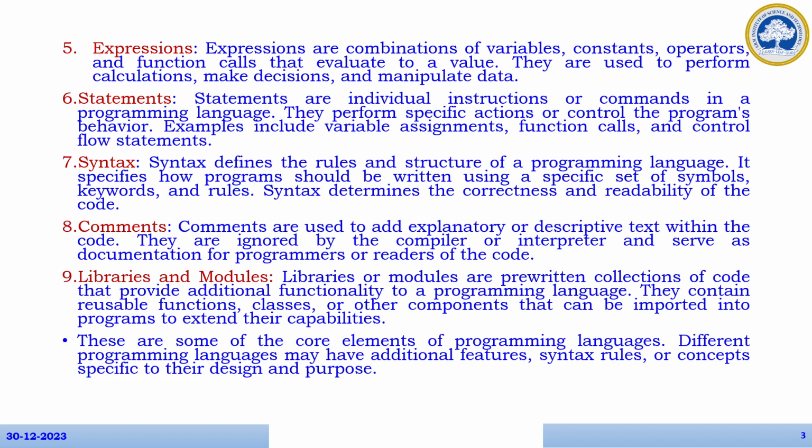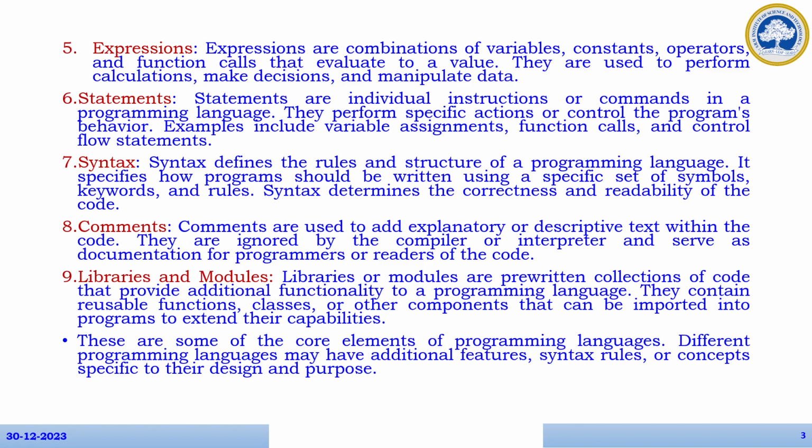The next element of the programming language is comments. Comments are used to add explanatory or descriptive text within the code. They are ignored by the compiler or interpreter and serve as documentation for programmers or readers of the code. The next one is libraries and modules. Libraries or modules are pre-written collections of code that provide additional functionality to the programming language.